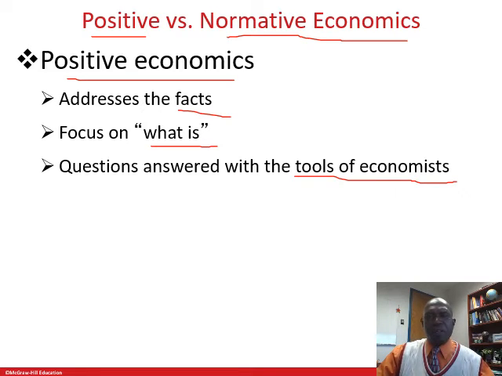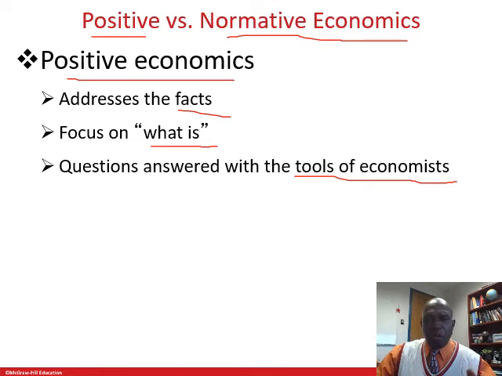Examples of positive economics include: what is the impact of minimum wage on unemployment? Another example is what is the impact of immigration on the earnings of native-born workers? Another example is what is the impact of a tuition assistance program on college enrollment rate?